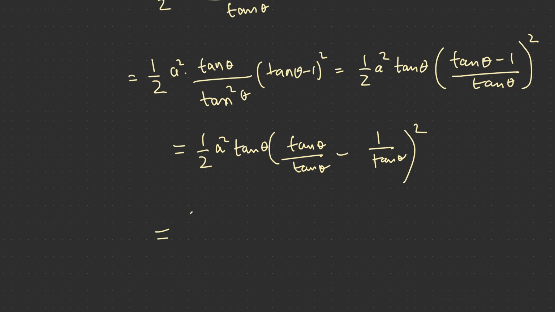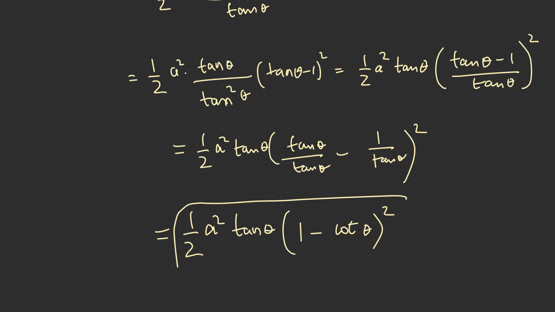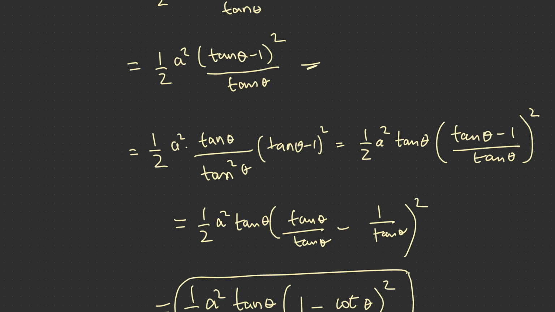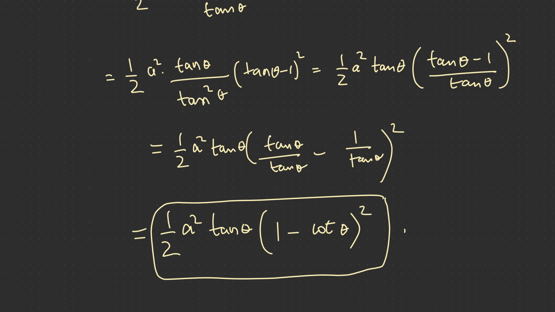So that is equal to half A square tan theta times 1 minus cot theta whole square. And we could have stopped here, and it would be right, but we've done a few more steps and we say this is the answer.